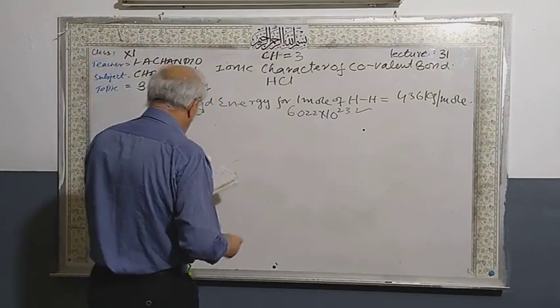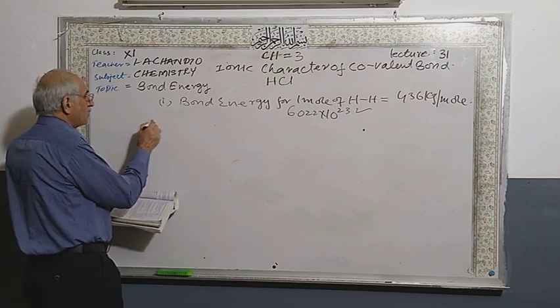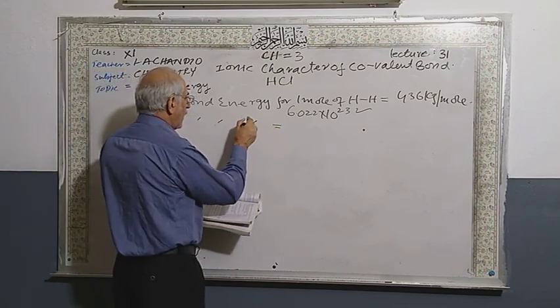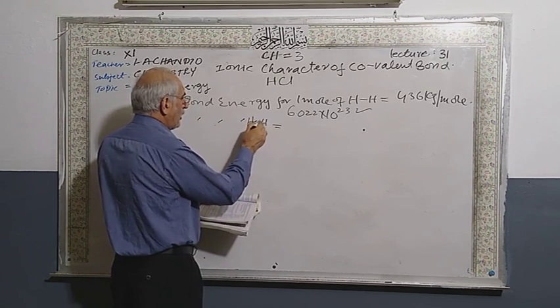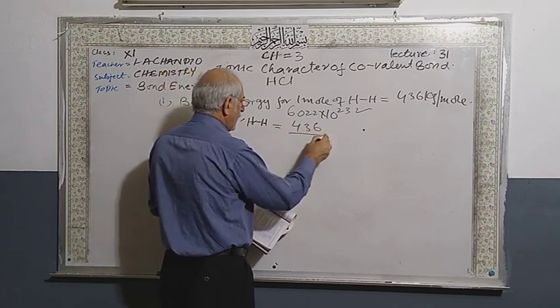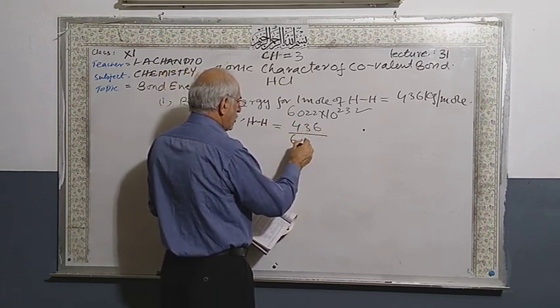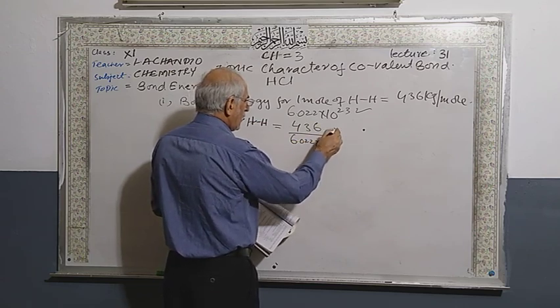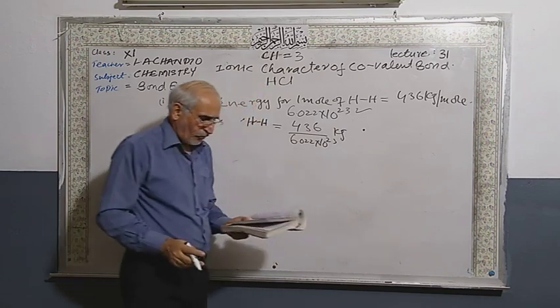So the bond energy of hydrogen must be equal to 436 divided by 6.022 into 10 to the power 23 kilojoules.